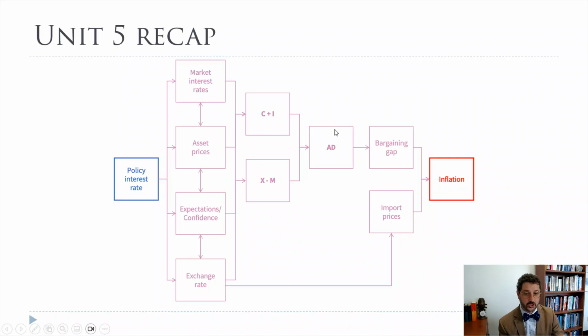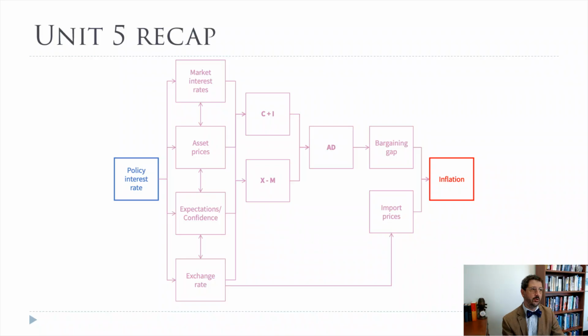Similarly, a depreciation makes imports more expensive, so we buy fewer of them, and exports cheaper, so we sell more of them. That improves our net exports and improves aggregate demand. But there's also another channel, import prices. An appreciation will have a direct impact on import prices, as will a depreciation, and affect inflation directly.